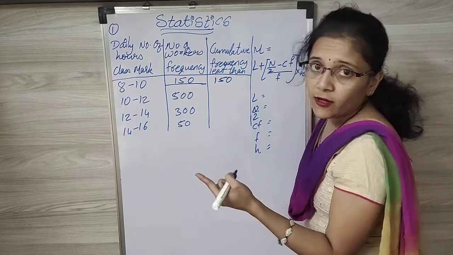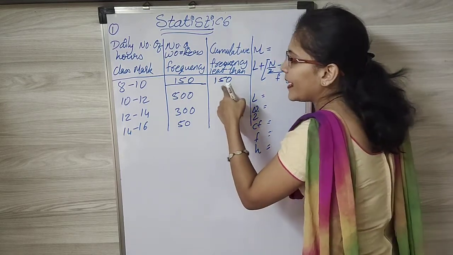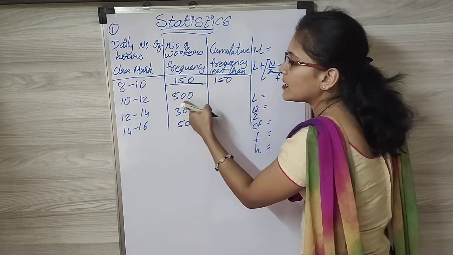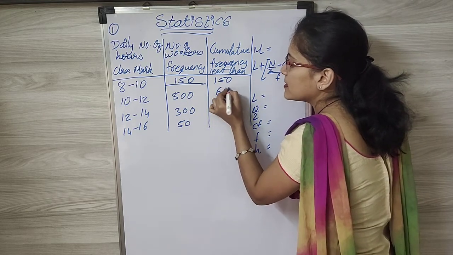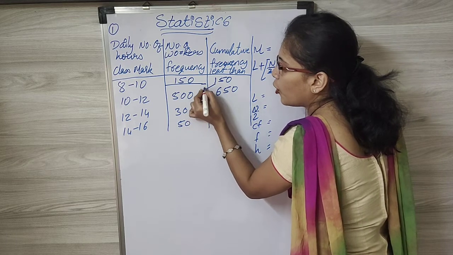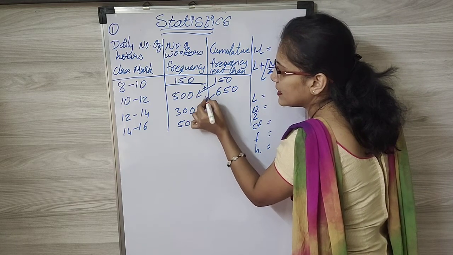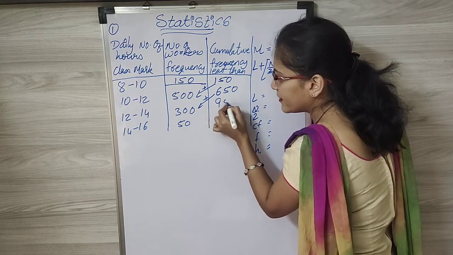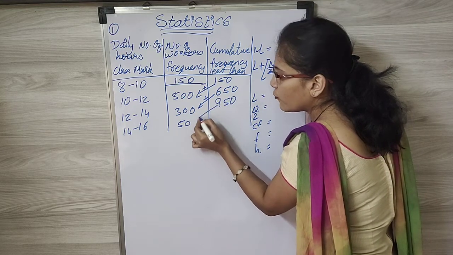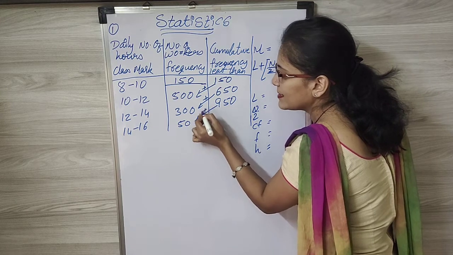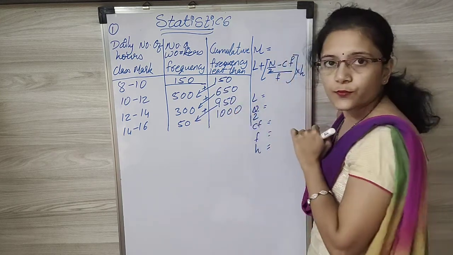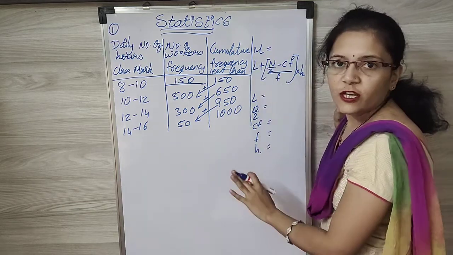To find the second, add 150 with the second number: 150 plus 500 is 650. You have to go on adding these numbers. 650 plus 300 becomes 950. Then 950 plus 50 will be 1000. This is the cumulative frequency.